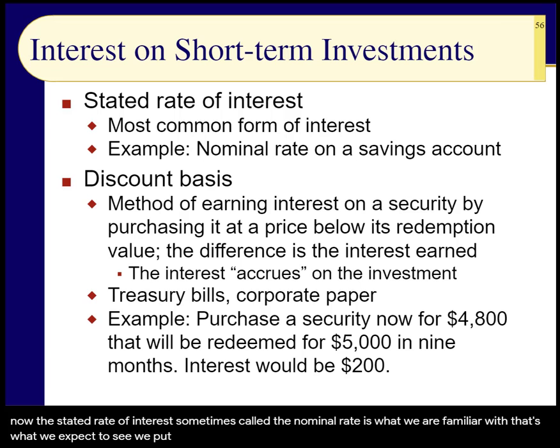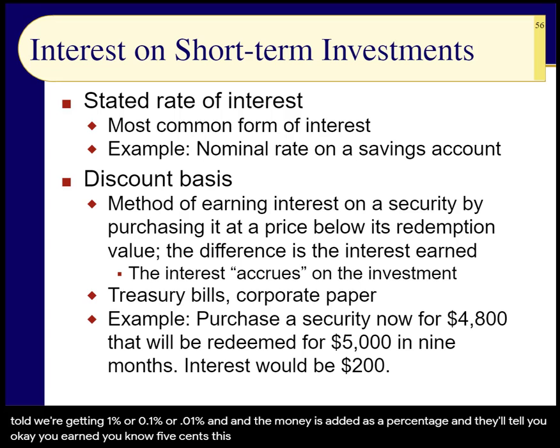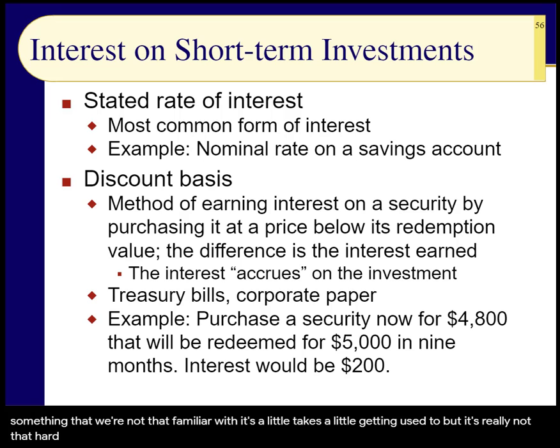We put money into a savings account or maybe a money market, and we're told we're getting 1% or 0.1% or 0.01%, and the money is added as a percentage, and they'll tell you, okay, you earned 5 cents this month, yippee. Whereas the discount basis is something that we're not that familiar with. It takes a little getting used to, but it's really not that hard once you take a look at it.